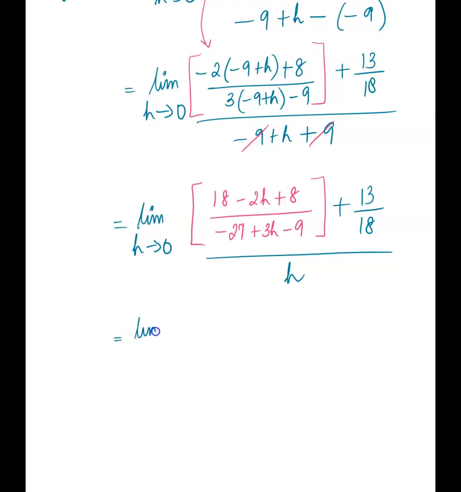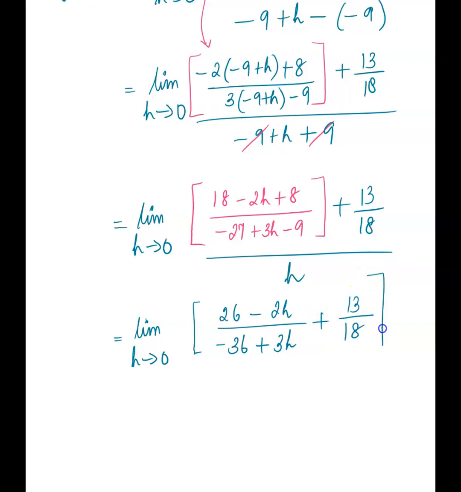It'll be so much easier if we see that it's basically 1 over h times this whole thing. If you can't see that yet, that's fine. We'll come back to this expression: 26 minus 2h over negative 36 plus 3h, plus 13 over 18, all over h.